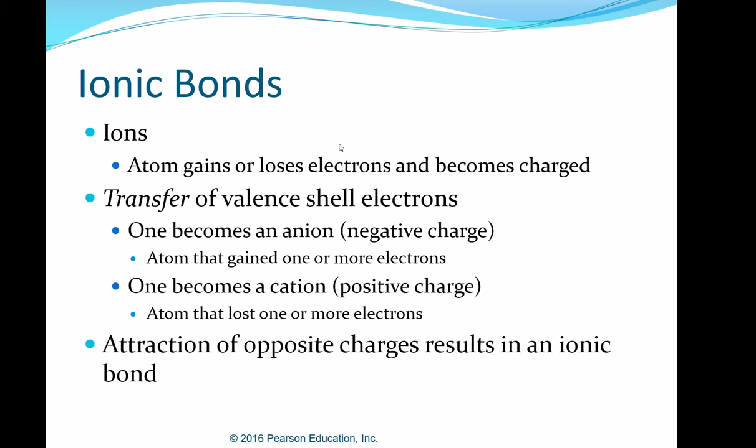It'll have a negative charge because it will gain those electrons that it got from the other atom that it interacted with. And so it's a transfer of electrons. One element, one atom, takes the electrons from another atom, another element.